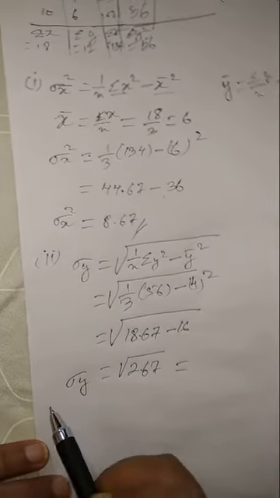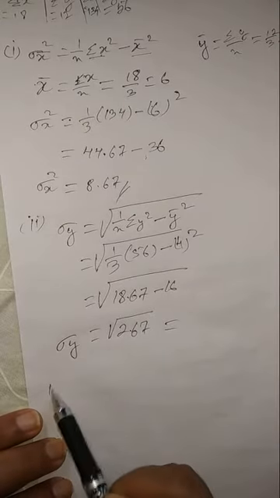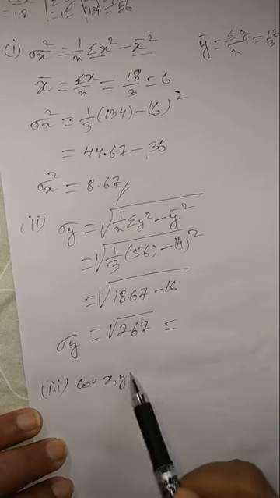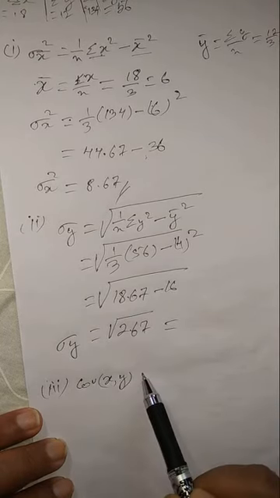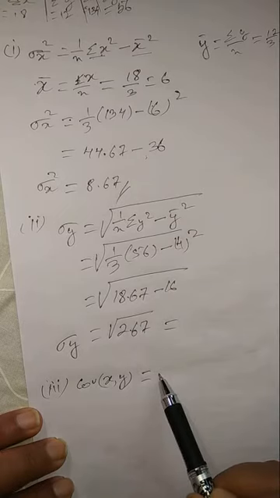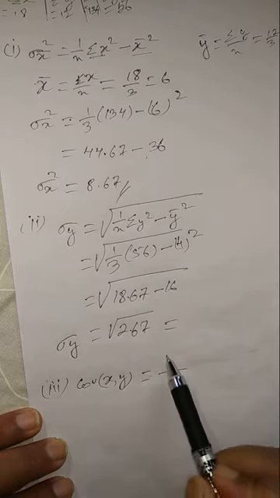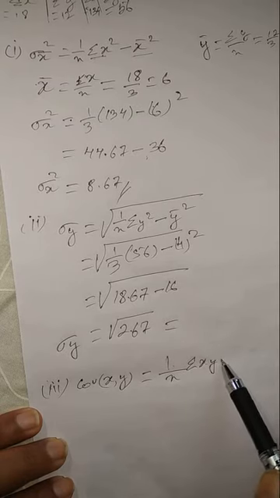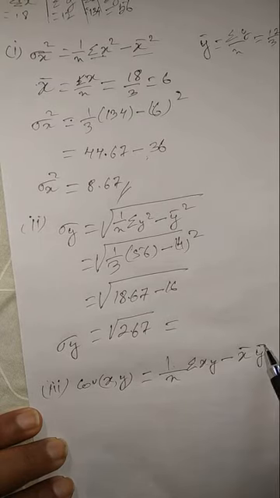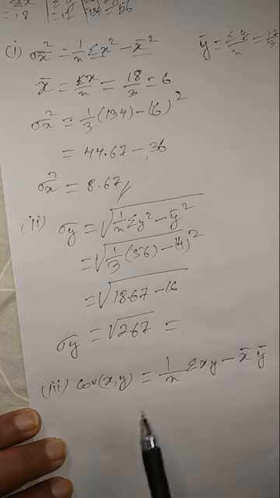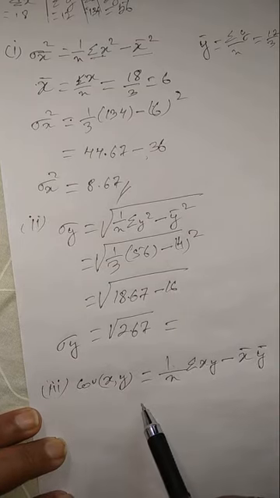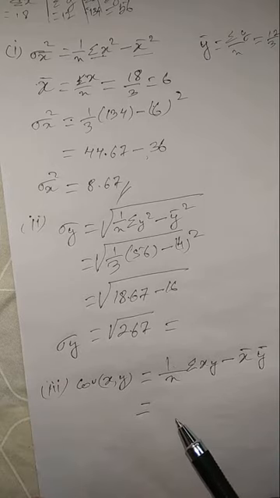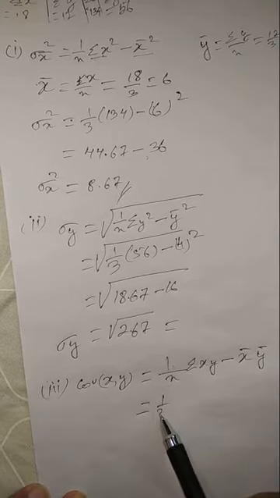Now question number 3, that is cov xy. Cov xy is equal to 1 by n summation xy minus x bar y bar. So which is equal to 1 by 3.